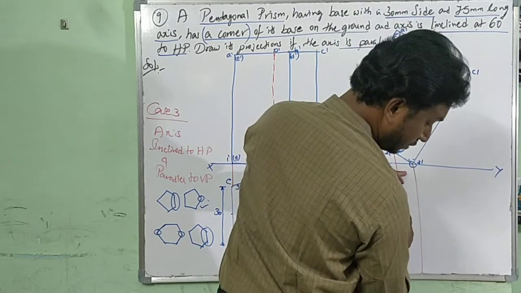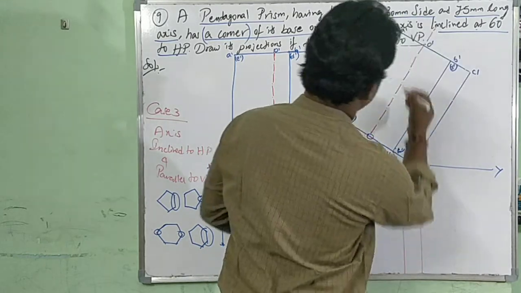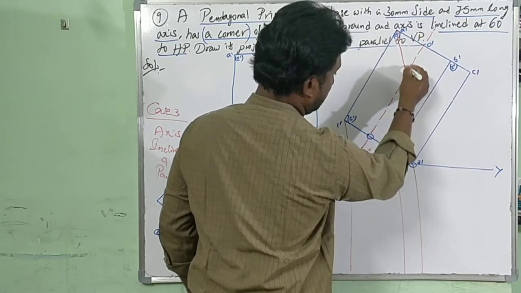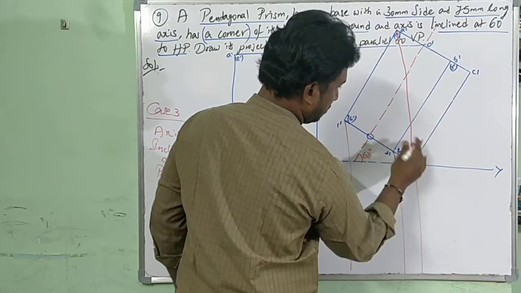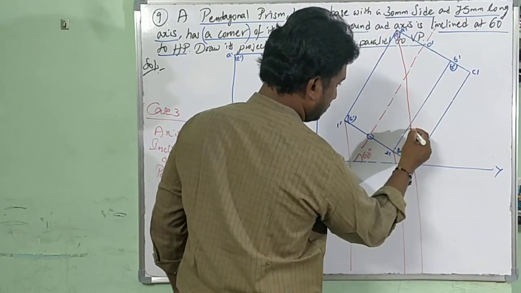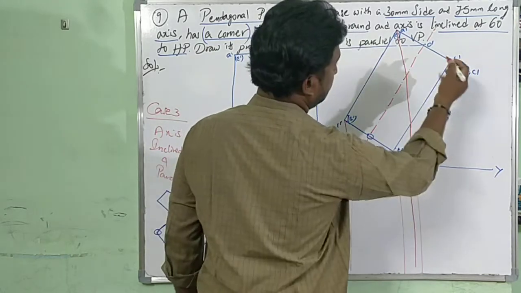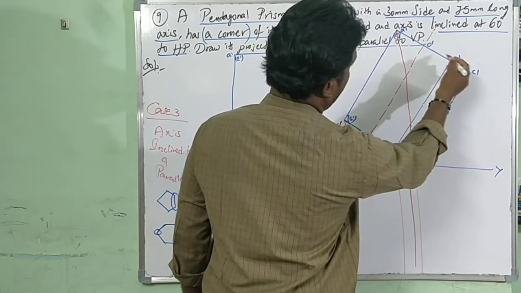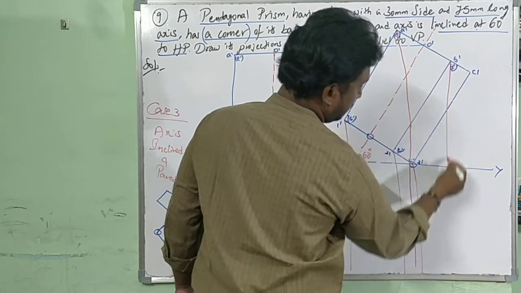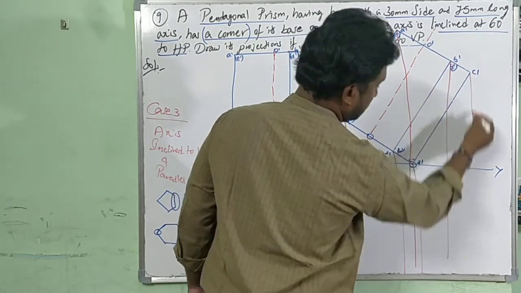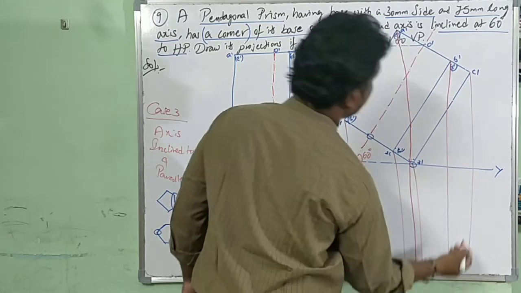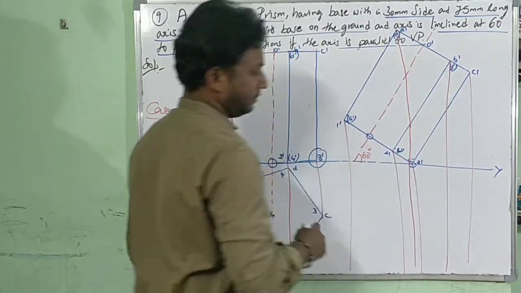Just inside of what? A dash, B dash, C dash, D dash same, E dash same.